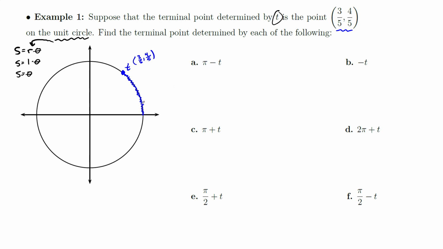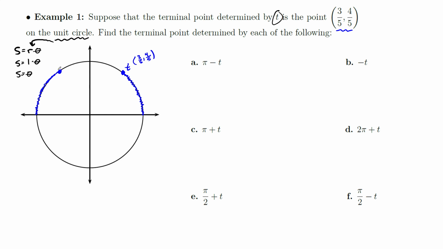Pi is half of the circle, so that would take us all the way to here. Minus t would mean that I am going to then go the negative direction t. I'm going to go in the negative direction the same exact distance that I went here, but I'm just going backwards. So I end up right here.